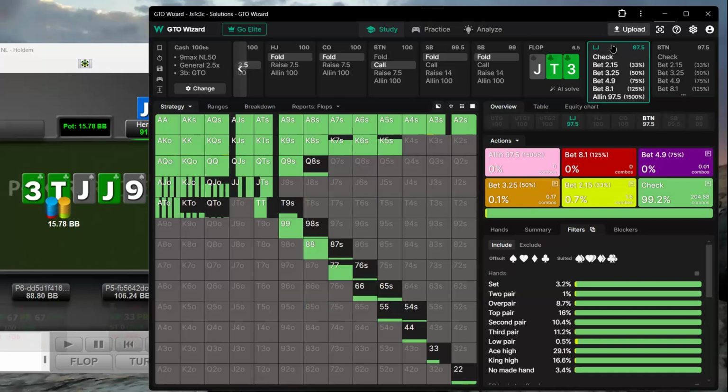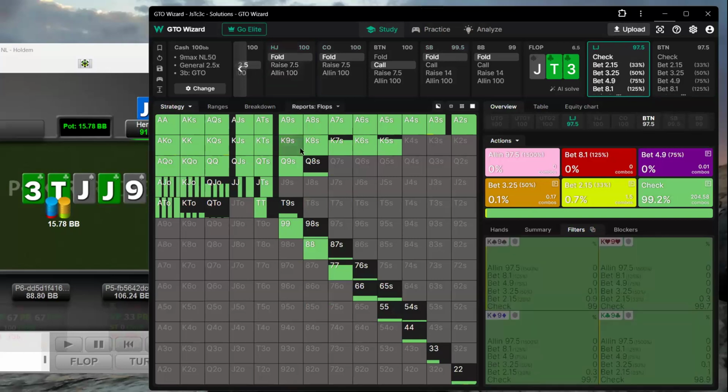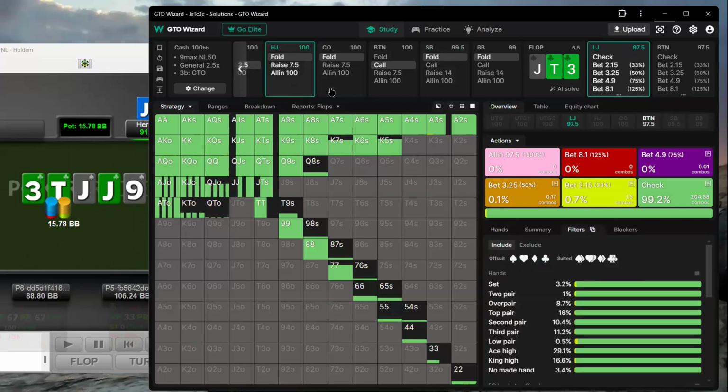So what we found was that under the gun had some bets, low jack has no bets, and cutoff has a reasonable amount of bets. You'll find that as we get closer, this will start to increase bet frequency. And we had 40% here in the cutoff. Thank you for taking us through that exercise.